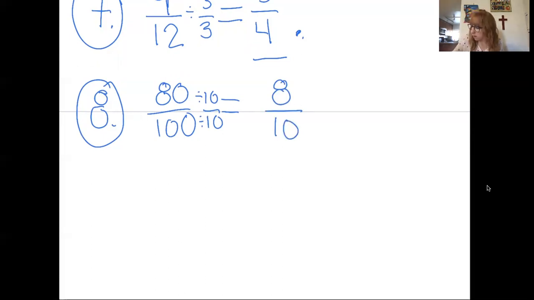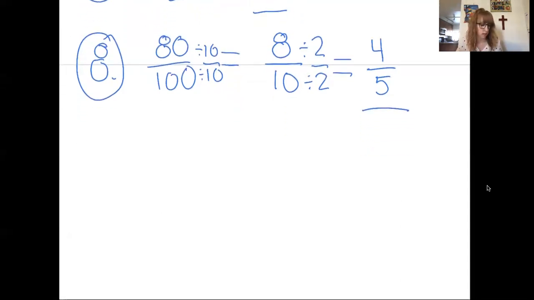But I know that both of those numbers are even numbers, so they can both be divided by 2. So it is not in simplest form, because I can go even smaller. I'm going to divide 8 and 10 by 2/2. 8 divided by 2 equals 4, and 10 divided by 2 equals 5. So we have 4/5. Now this is simplest form, so I don't have to divide any further. That's our answer.